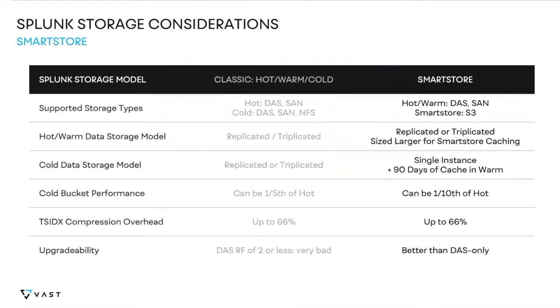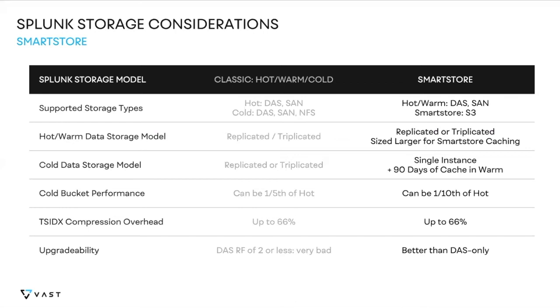Now, the second option that you have is a capability that Splunk brought to market just last year. It's a capability called SmartStore. This dovetails off of some of the work that they're doing with Splunk Cloud. The difference here is that as opposed to classic cold buckets that can be on direct attached, SAN attached, or NFS attached storage, you can consider an alternative of using S3 storage as the means to store your long-term data.